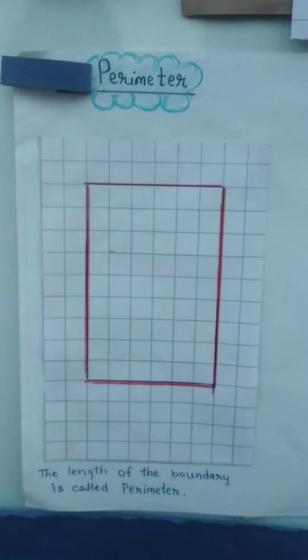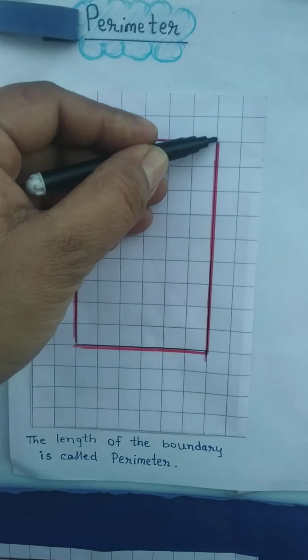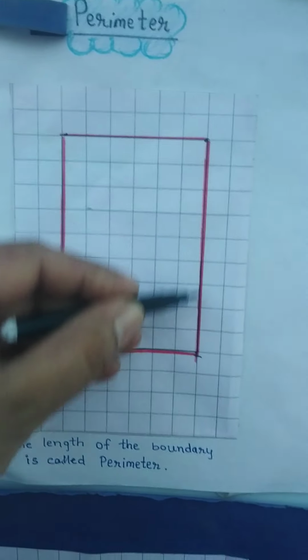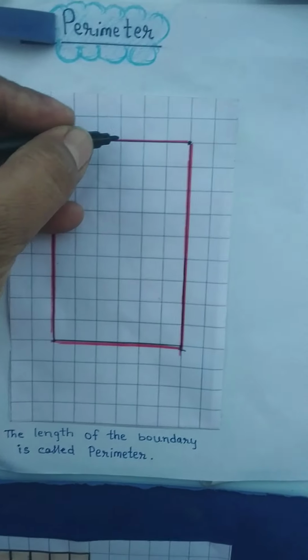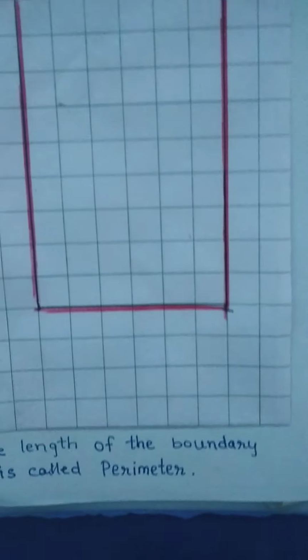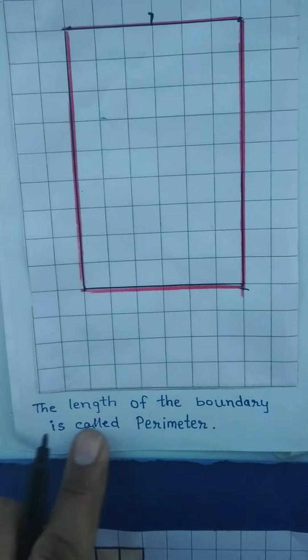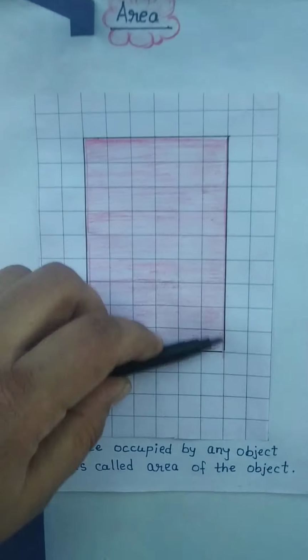But here, when we calculate the perimeter, we just calculate the boundary. You notice that this is the boundary of this rectangle, and the length of the boundary is called perimeter of the given shape. But when we are calculating the area, we calculate the space occupied by the shape or object.